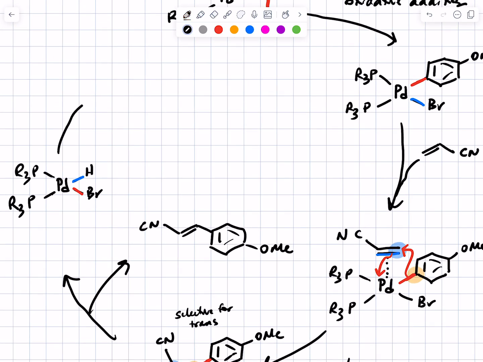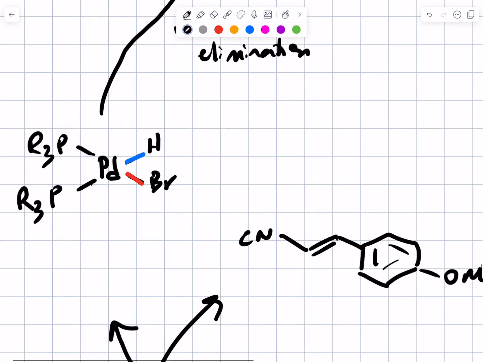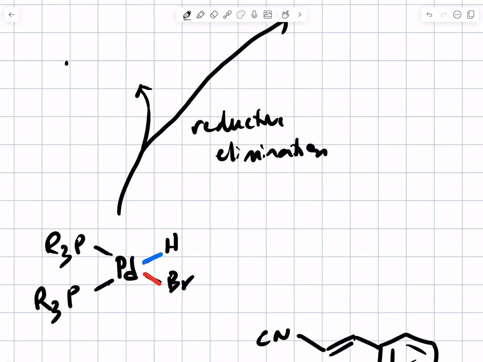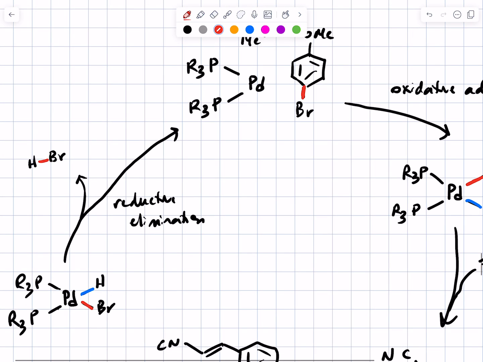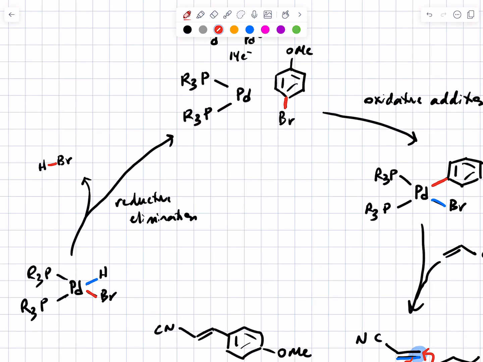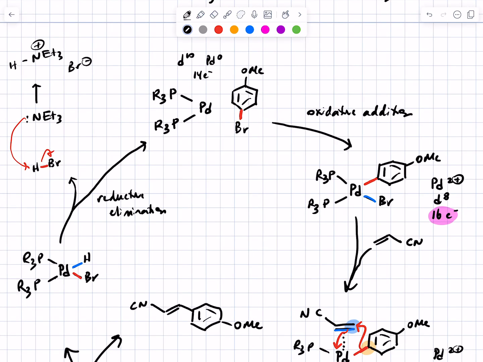If we do reductive elimination, we form a new HBr bond, and then palladium gets the other electrons and returns to palladium 0. And then the purpose of that triethylamine base is to soak up the acid that forms in the reductive elimination step. And that gives you this ammonium salt, and that moves the reaction forward.